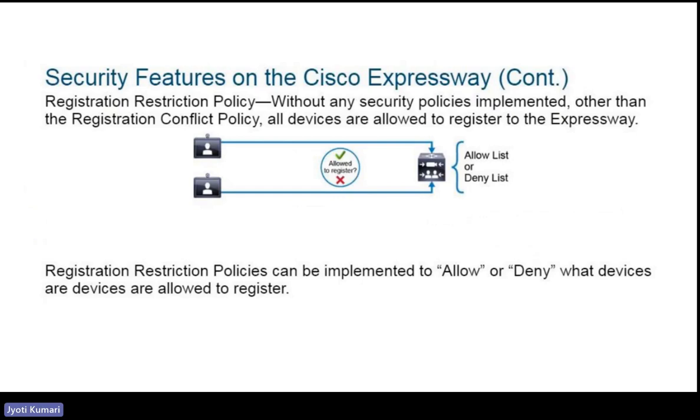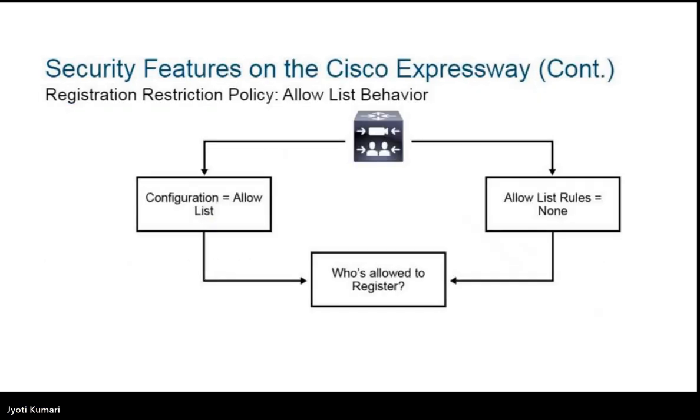Some security features on Cisco Expressway are registration policies also, which we have discussed already. Without any security policies implemented other than the registration conflict policy, all devices are allowed to register. So it is good to have a restriction policy as a recommendation, which we saw in allow list or deny list.